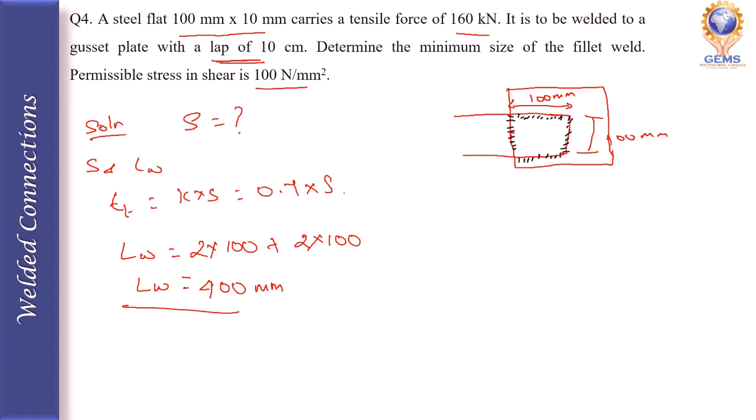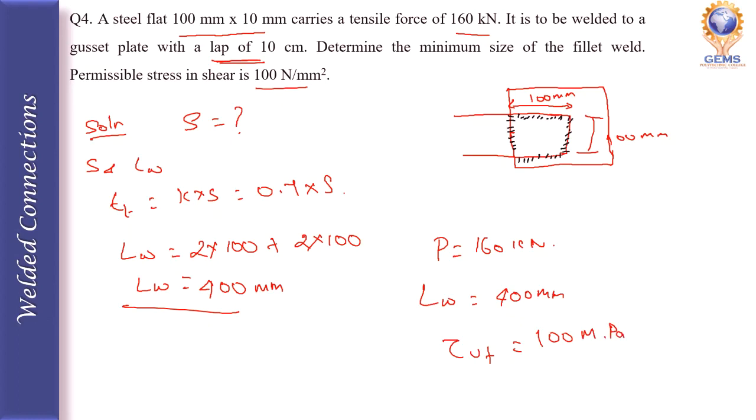Then how can we find the size of the fillet weld? In the question P is given, that is 160 kilonewton, and we found LW as 400 mm, and the permissible shear stress tau VF is already given as 100 megapascal.